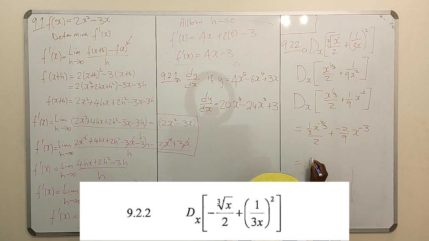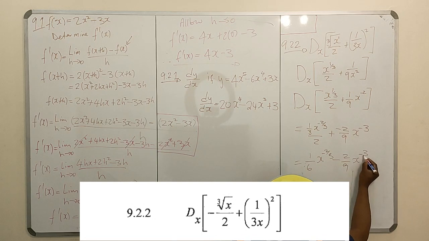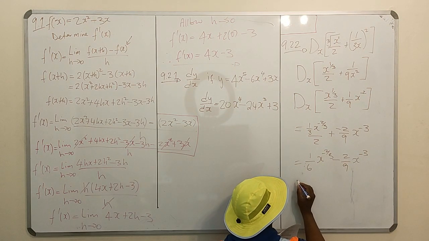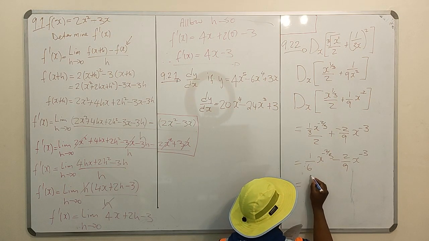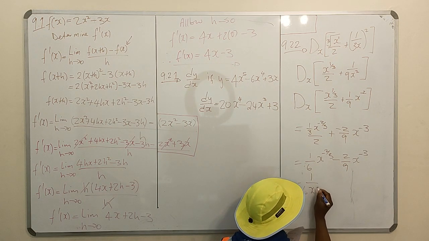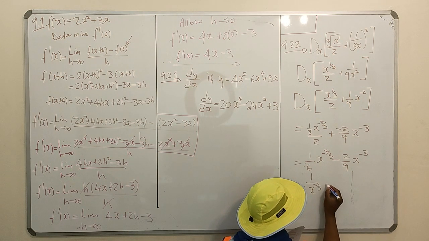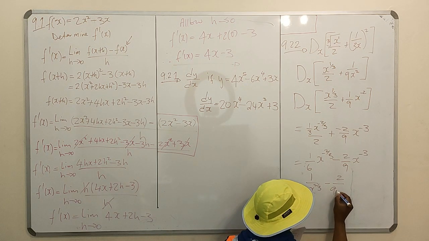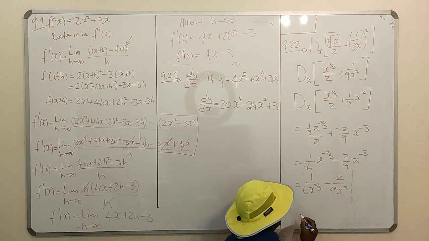So this is equal to 1 over 6 x raised to negative 2 over 3 minus 2 over 9 x raised to negative 3. Then you take these guys with negative signs to the bottom. So you have 1 over 6x raised to 2 over 3 minus 2 over 9x cubed, right?